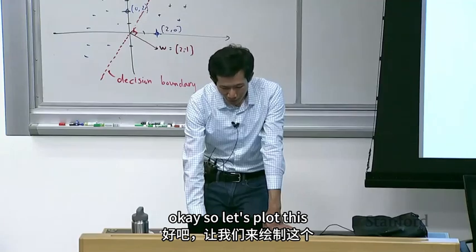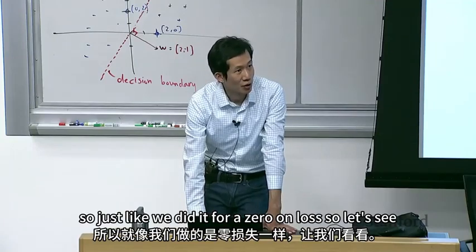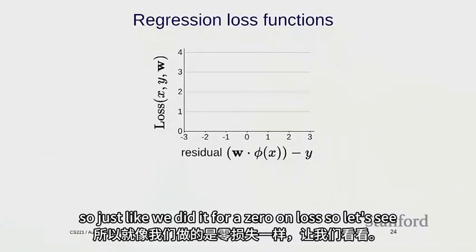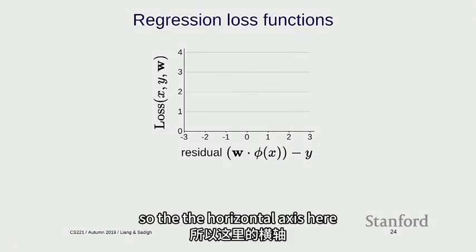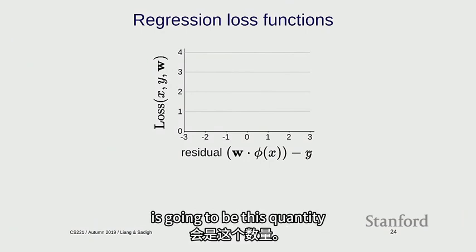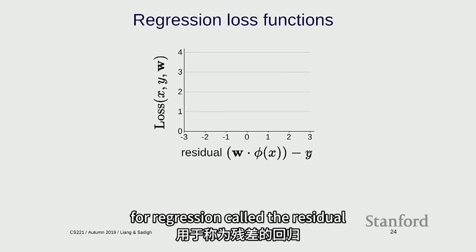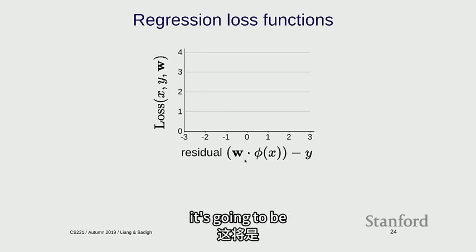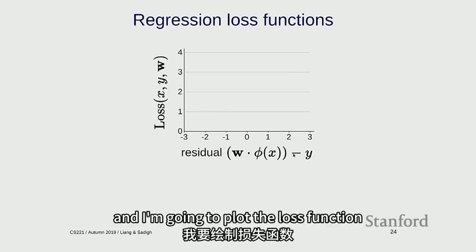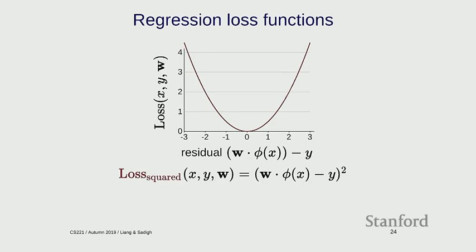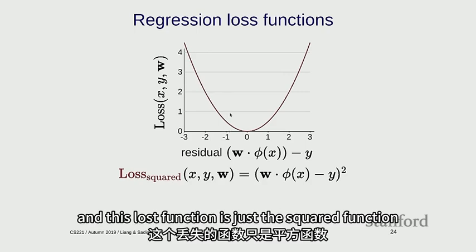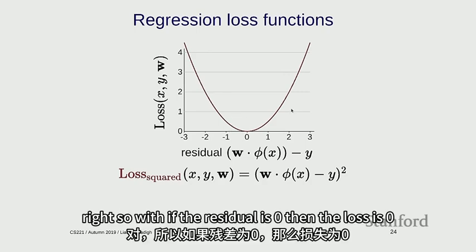Okay, so let's plot this. Just like we did for the zero-one loss, let's see what this loss function looks like. The horizontal axis here, instead of being the margin, is going to be this quantity for regression called the residual. It's the difference between the prediction and the true target. And I'm going to plot the loss function. This loss function is just the squared function, right?